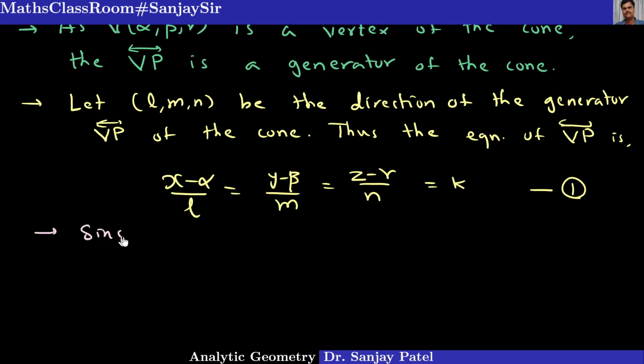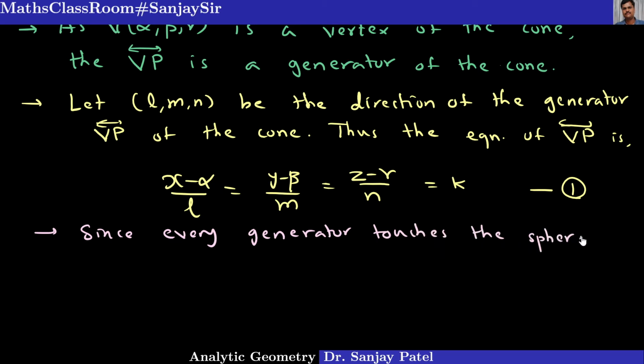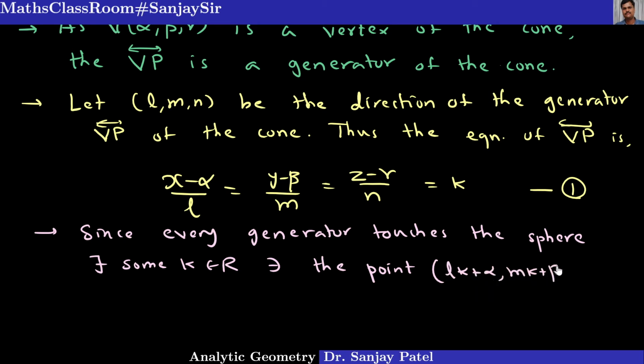So let me write, since every generator touches the sphere, there exists one value, say k belongs to R, such that the point on the line which is given by lk plus alpha, mk plus beta, and nk plus gamma satisfies the equation of the sphere.